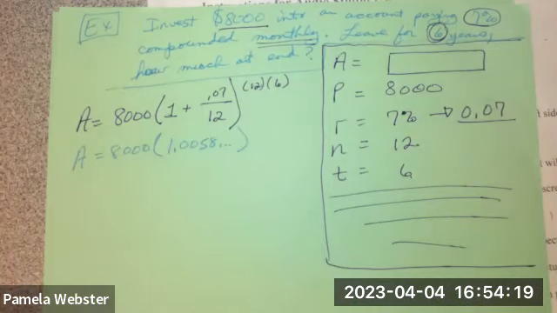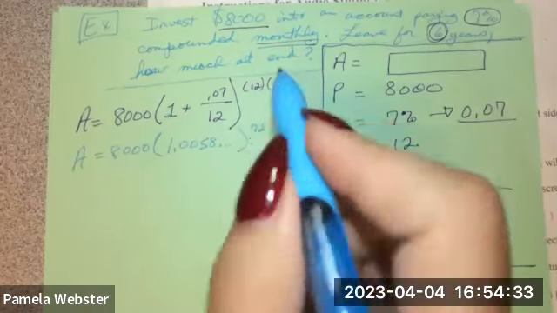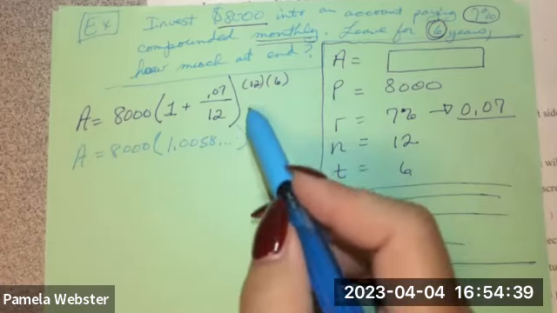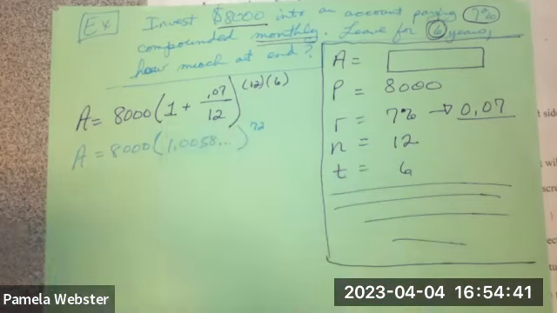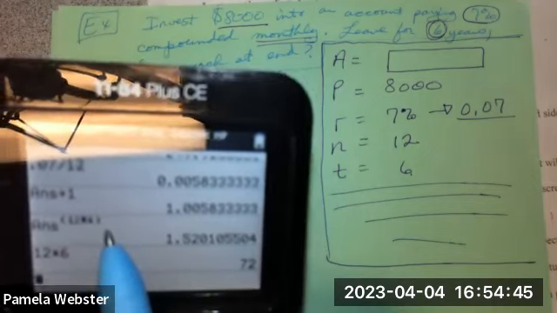Okay. And then up here, I've got 12 times 6, and that is 72. So I can go ahead and do that because that's just simplifying the exponent, right? It's not doing anything else. And then what I need to do is raise this 1.0058, this long decimal I have, to the 12 times 6 or 72.